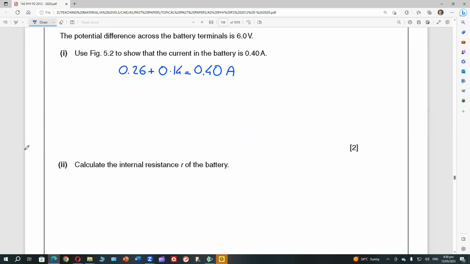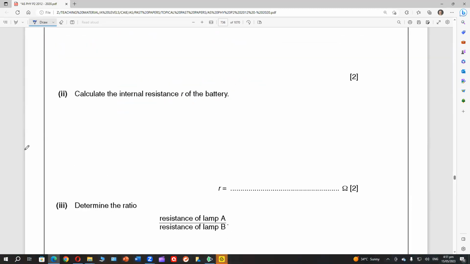Calculate the internal resistance of the battery. Now we know the current, so we should find the EMF.